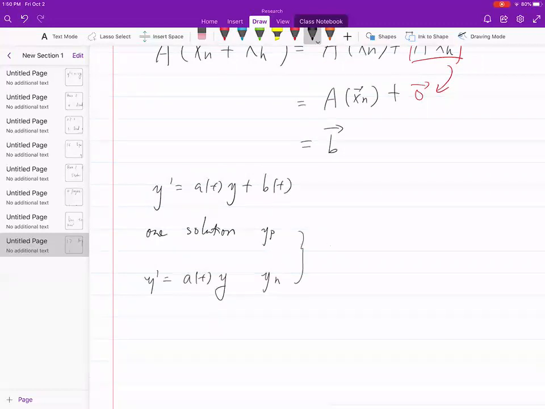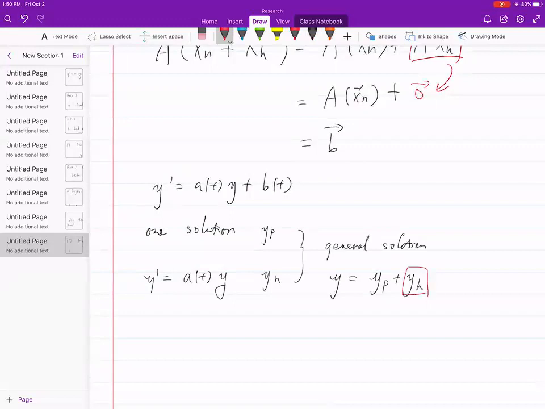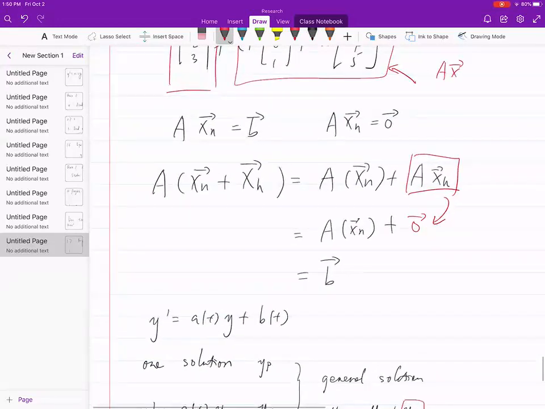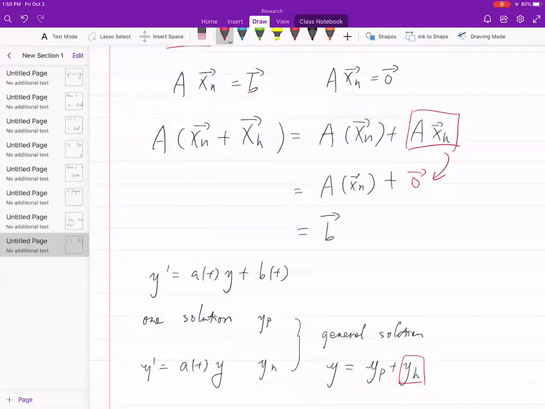Together, the general solution Y takes the format of the sum of these two. Because adding this or without adding this, you still got the same differential equation. Okay, that's number one. That's what we're trying to do. Sounds good?